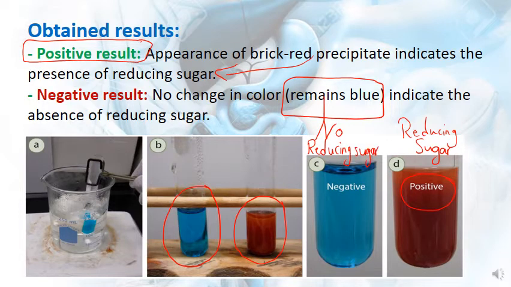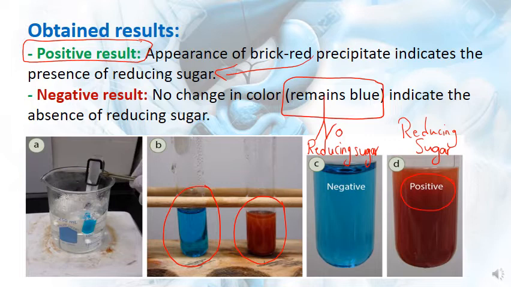As a summary for the first test, the Fehling test is done to identify the presence of reducing sugar. We said that all the types of sugar are reducing except for sucrose, which is a non-reducing sugar. For the procedure, we put a piece of food in a test tube, then add equal amounts of Fehling A and Fehling B. The solution has a blue color.